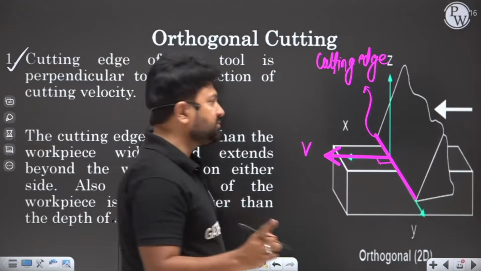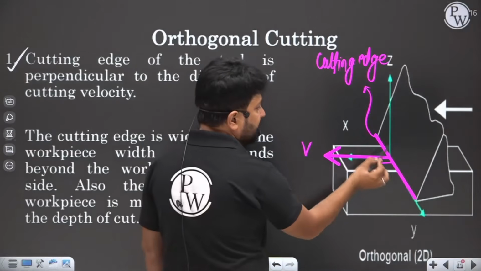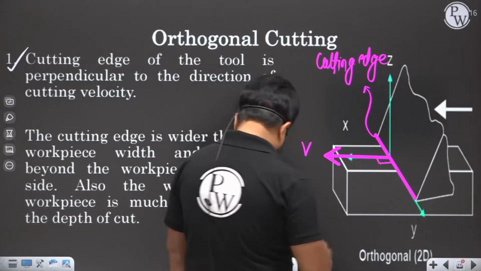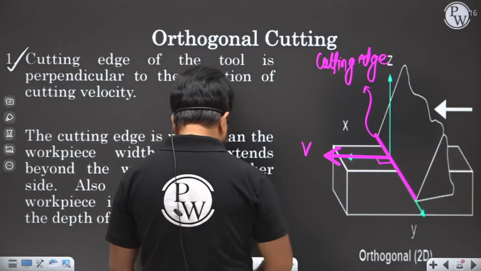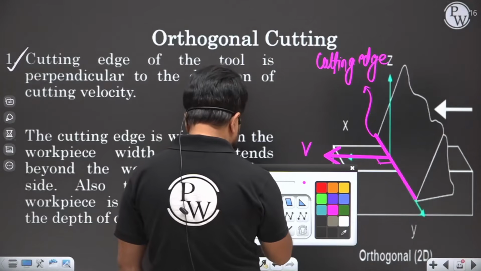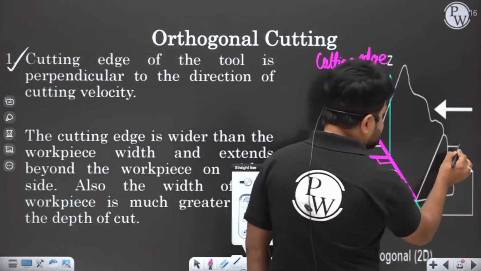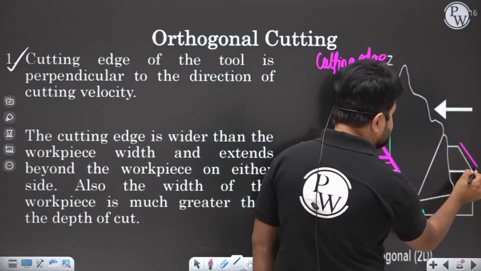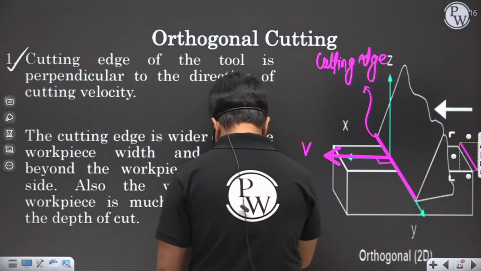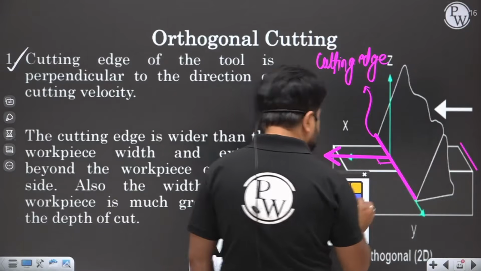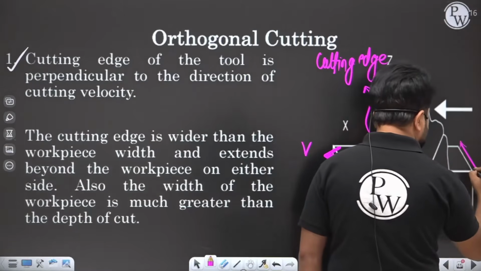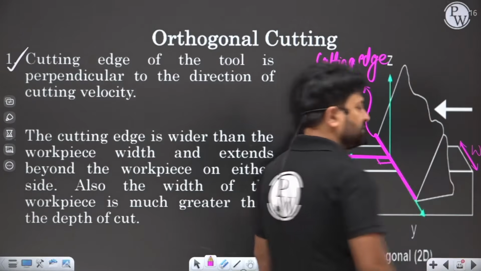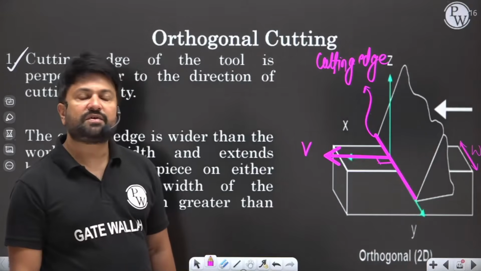And the second assumption is that the cutting edge of the tool should be wider than the width of the workpiece. Suppose W is the width of the workpiece.